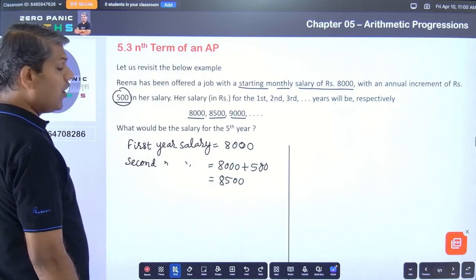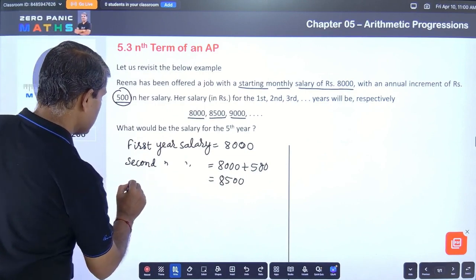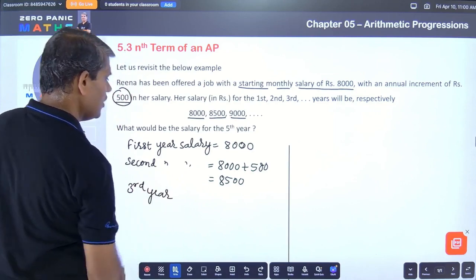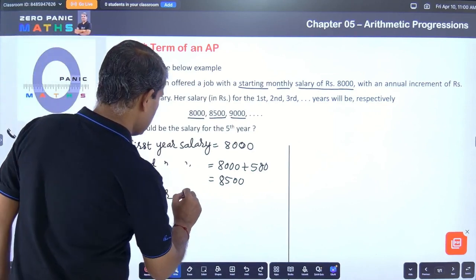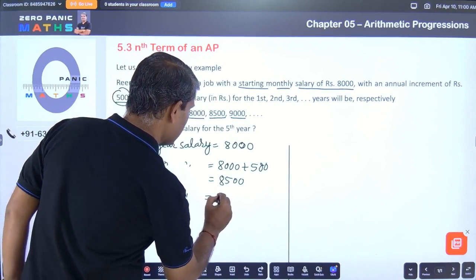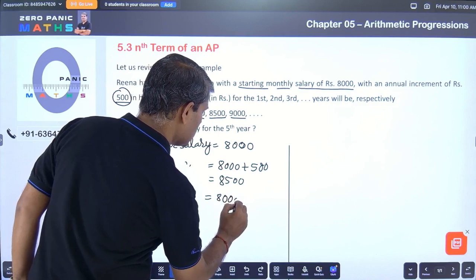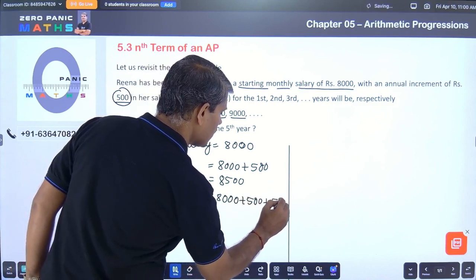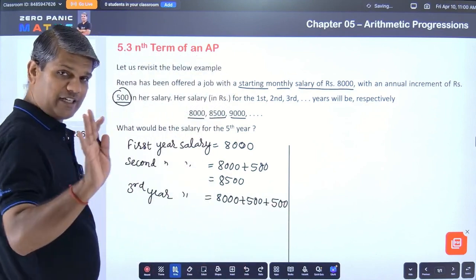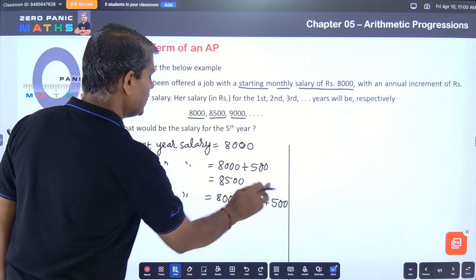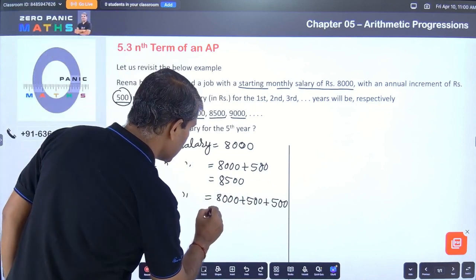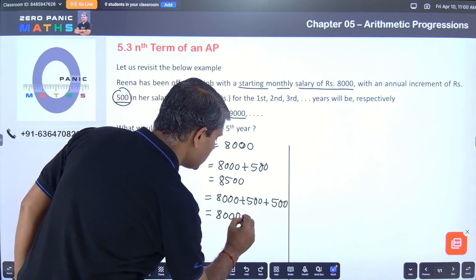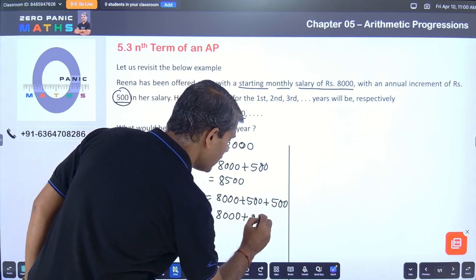Now again for the third year, what you do is you add another 500, 8,000 plus 500 plus 500, it is 500 increment. So you added 500 twice. So can I write this as 8,000 plus 2 times 500?